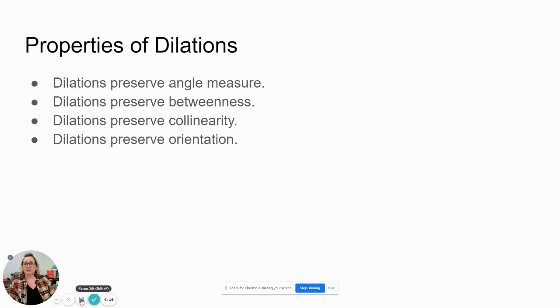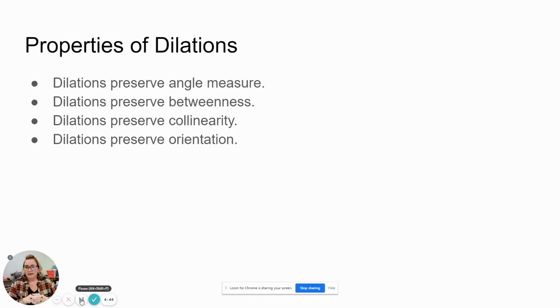Okay, so we're going to talk just really quickly about the properties of dilations because we're going to look at some graphs. So in order for this to be a dilation, it has to preserve any angle measure. So that basically means that you're going to eyeball it and make sure that it doesn't look totally wonky. Okay, dilations preserve betweenness, and what that means is the distance between a vertex and the other vertex stays the same.